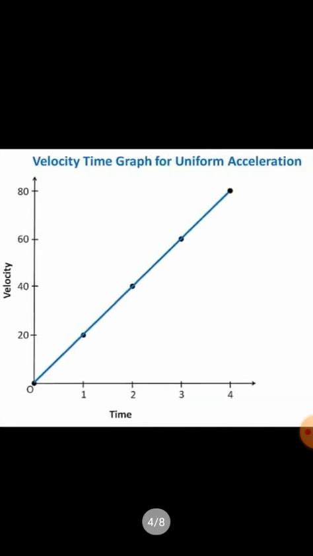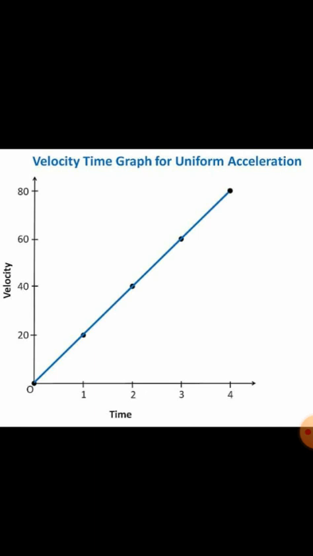Now look at this graph. How does the graph look? It is a straight line passing through the origin. Calculate the slope of this graph taking 2 points. Let us consider (1, 20) and (2, 40).